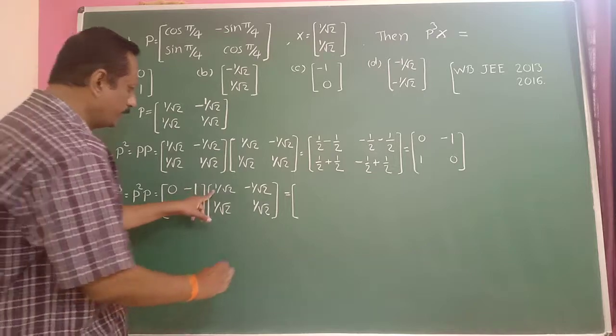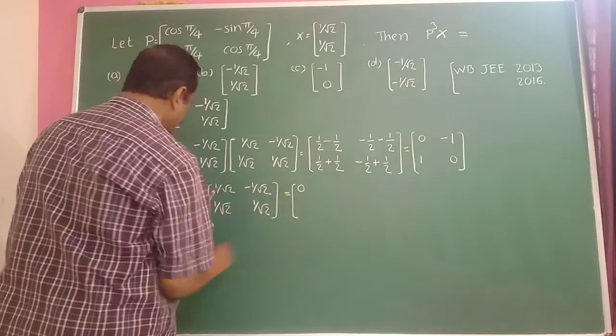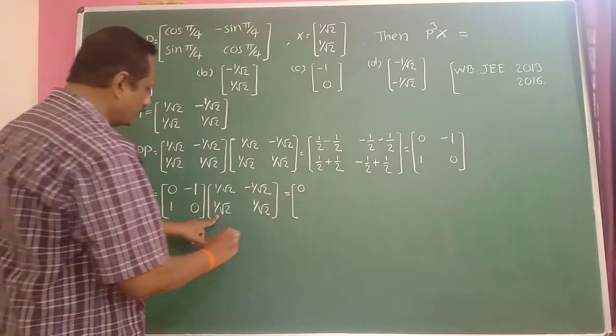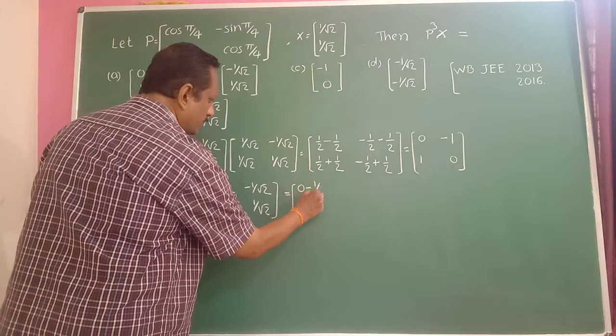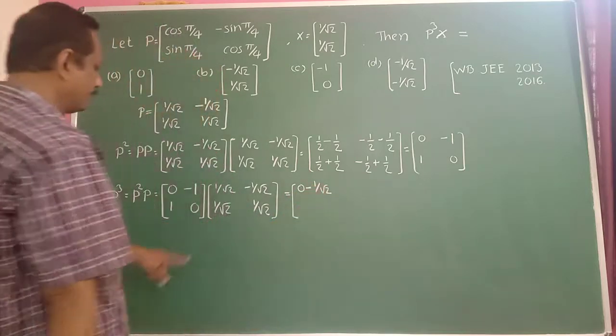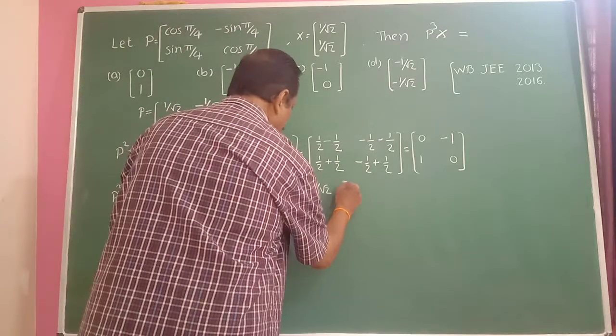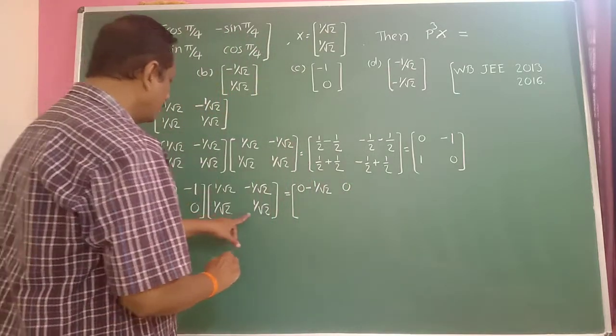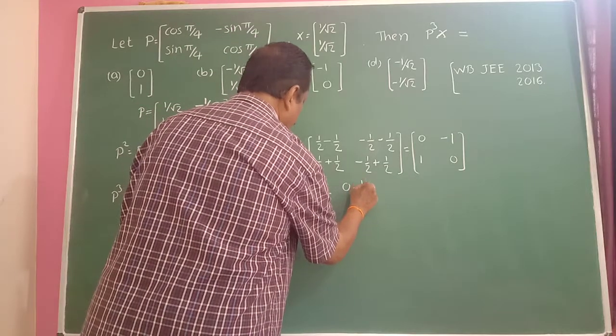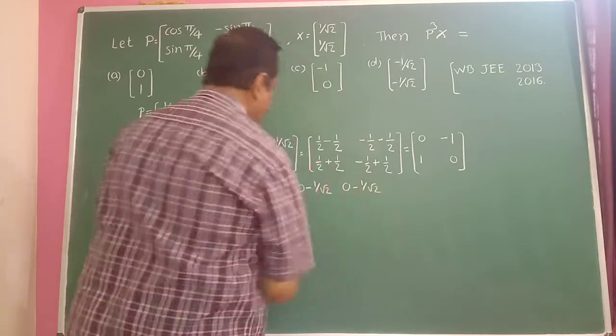0 into 1 upon root 2 becomes a 0. Minus 1 into 1 by root 2, minus of 1 upon root 2. Then 0 into minus 1 by root 2 is a 0. Minus 1 into 1 by root 2, minus of 1 upon root 2.